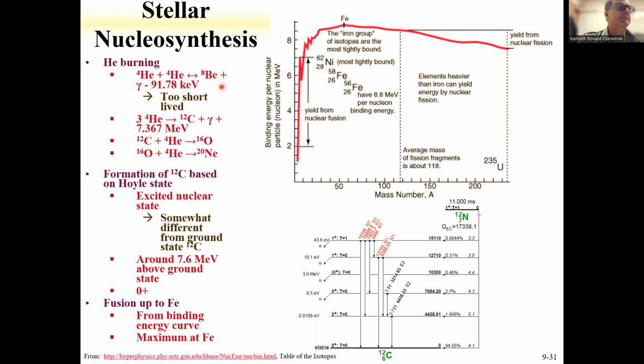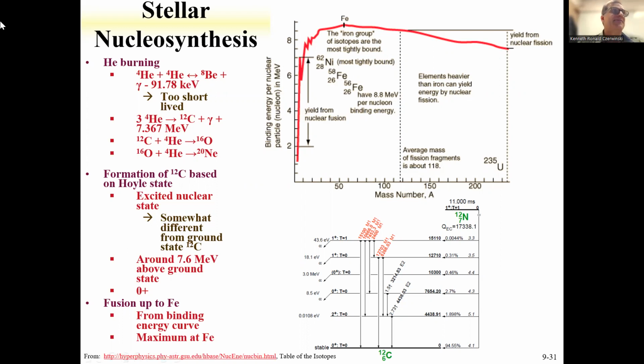However, beryllium-8 has a half-life of, I'm looking it up, it's small, like 10 to the minus 20th seconds, something along those lines. Beryllium-8 is 7 times 10 to the minus 17 seconds. So you make that nucleus, and the half-life is 10 to the minus 17 seconds.